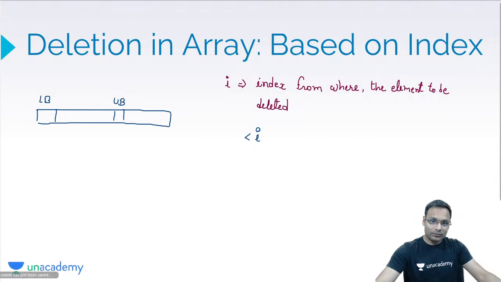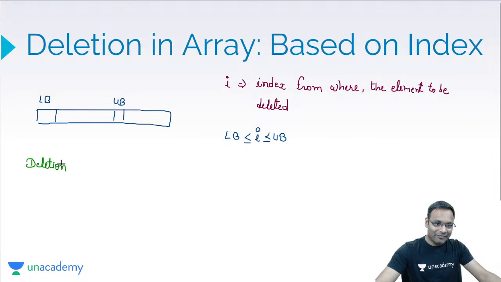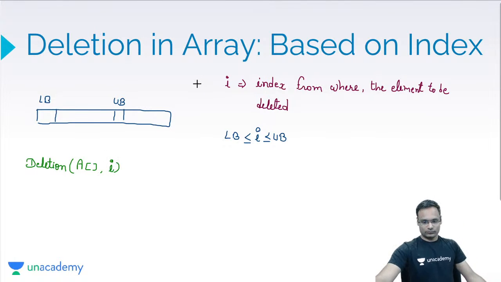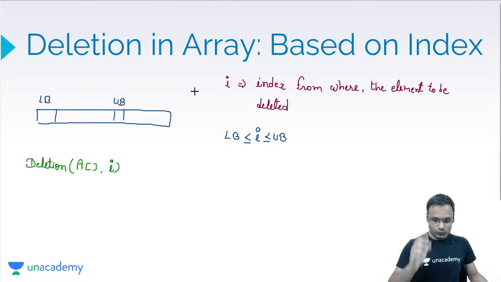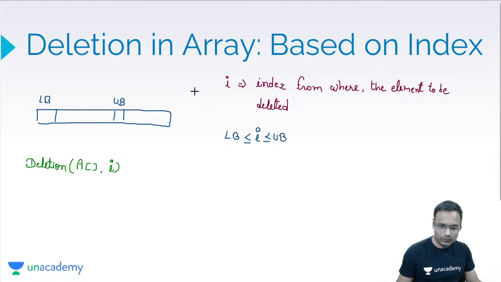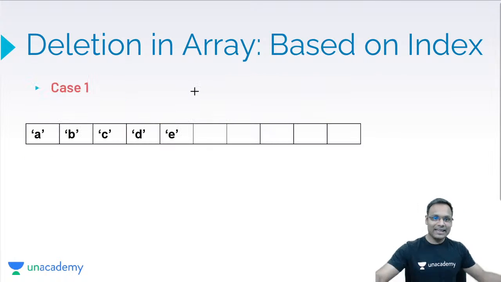I should be greater than or equal to lower bound and lesser than or equal to upper bound, right? So for your deletion algorithm, what will be given to you? For your deletion algorithm, you will be having of course array जहां से delete करना है and an index I. Fine?